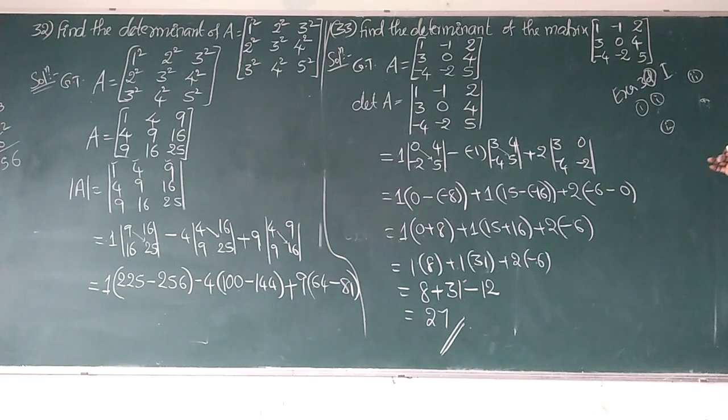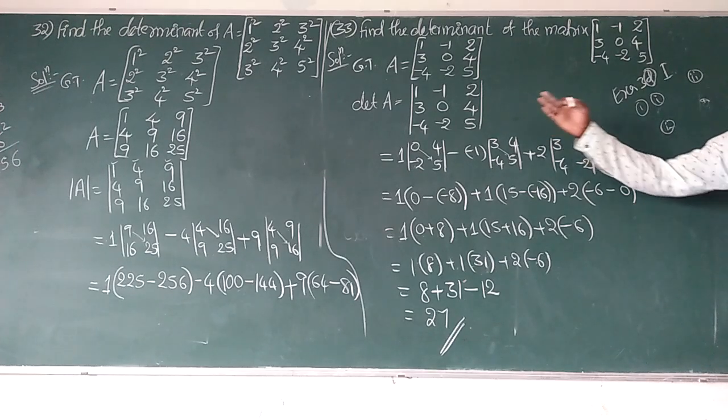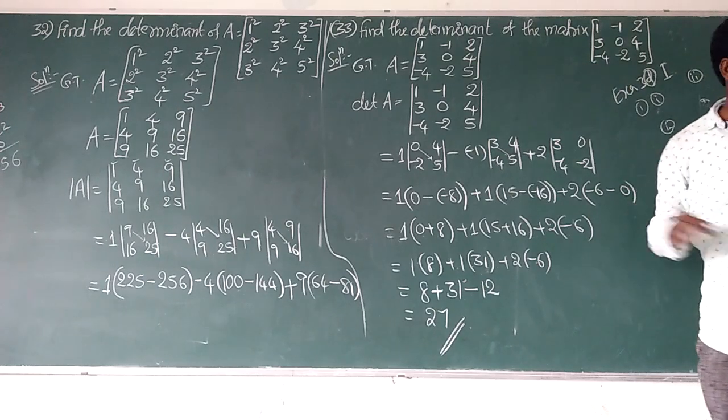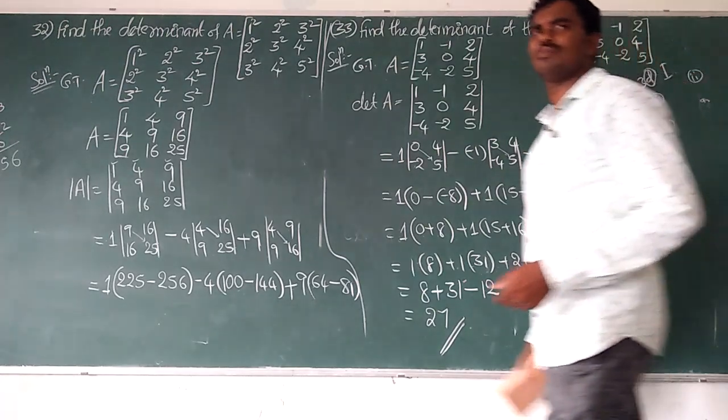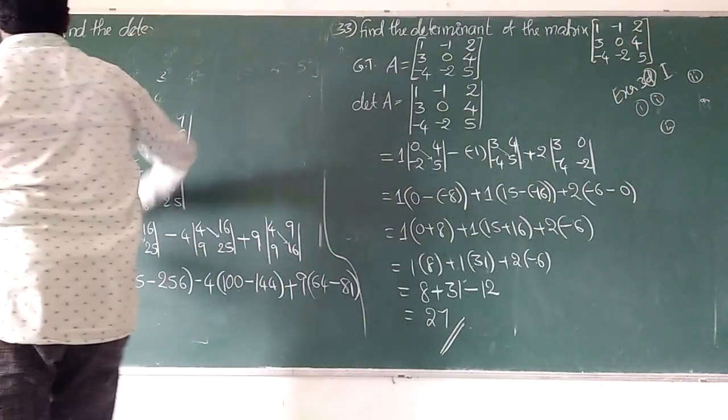You do it and you will have more practice. Some 2 by 2 square matrices and some 3 by 3 square matrices are there. Try to find the determinants and check with the answer. These are important. And then the next, the 34th question, is very most important.